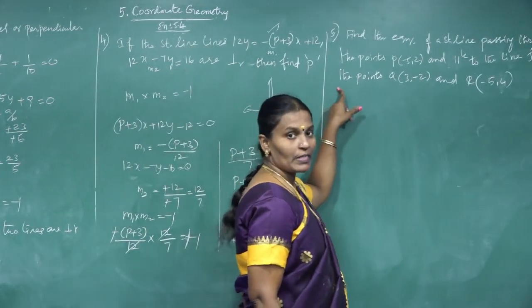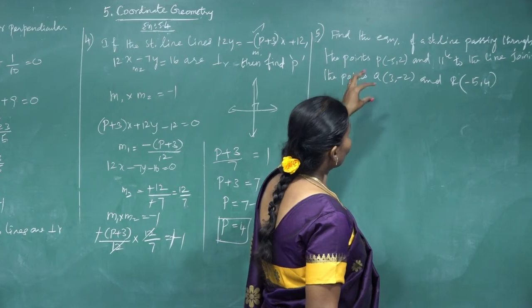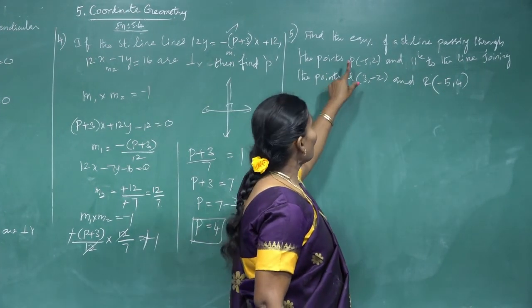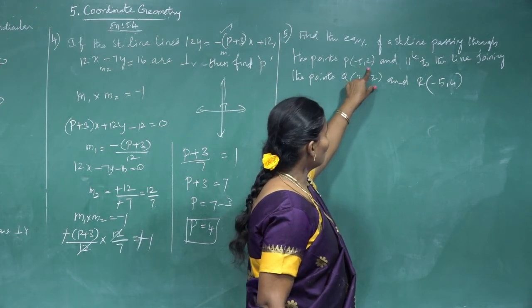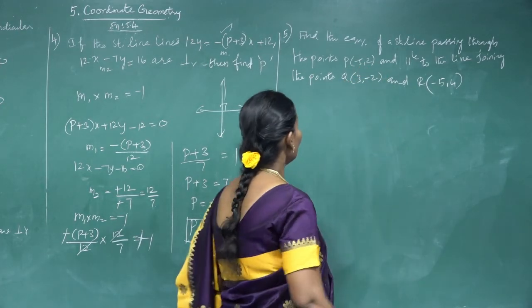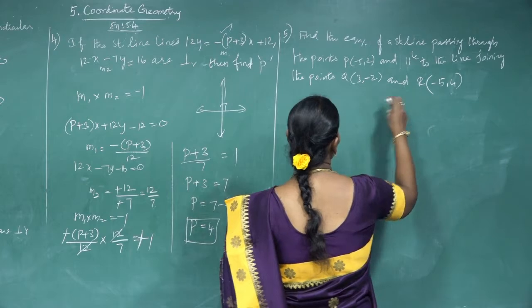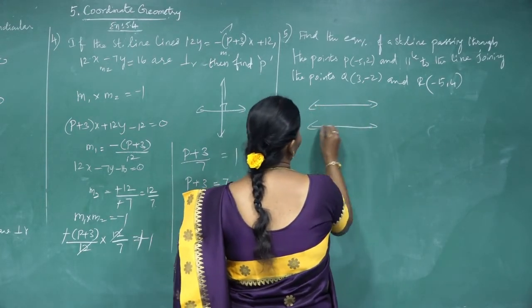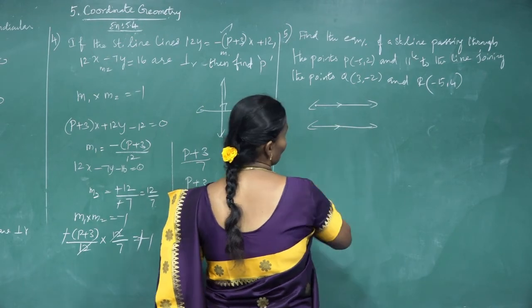Okay, now we see the fifth sum. Find the equation of a straight line passing through the point P of minus 5 comma 2 and parallel to the line joining the points Q and R. See here, one line is parallel to this line.